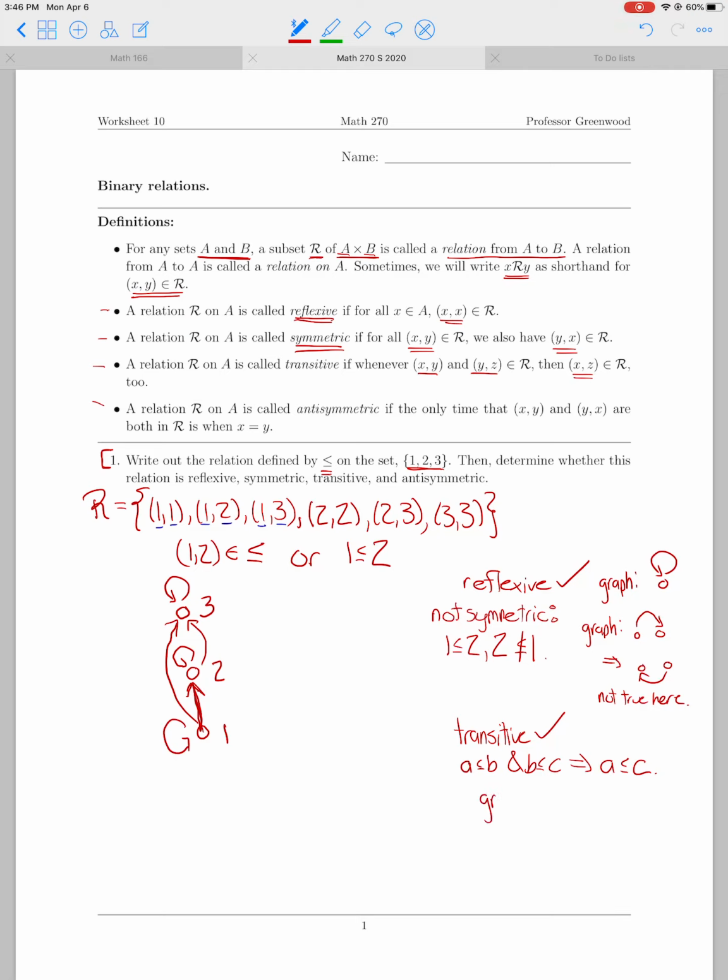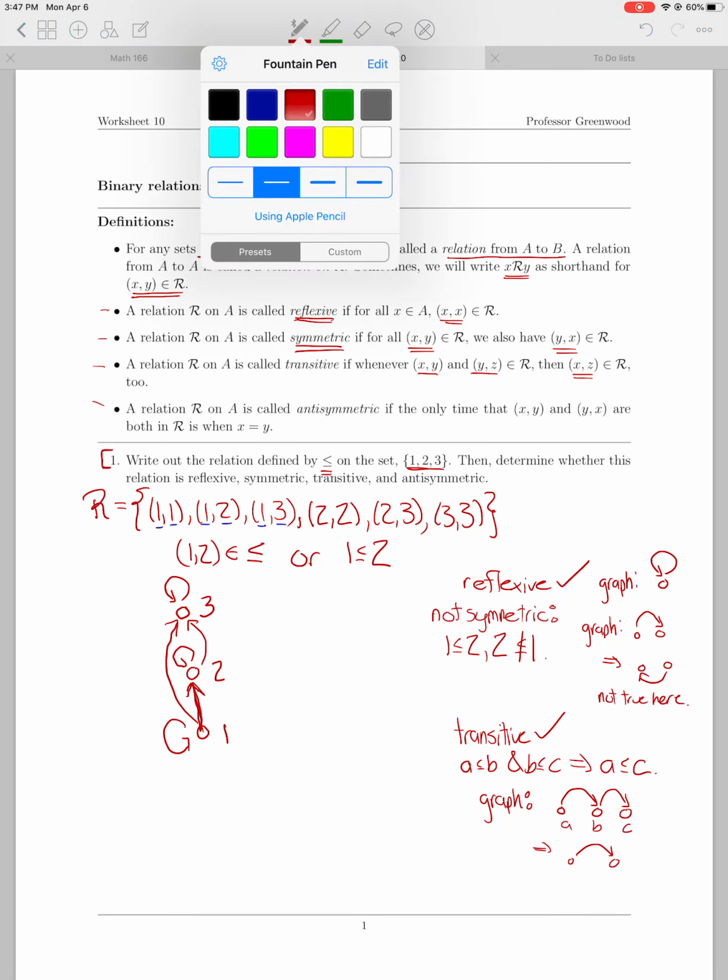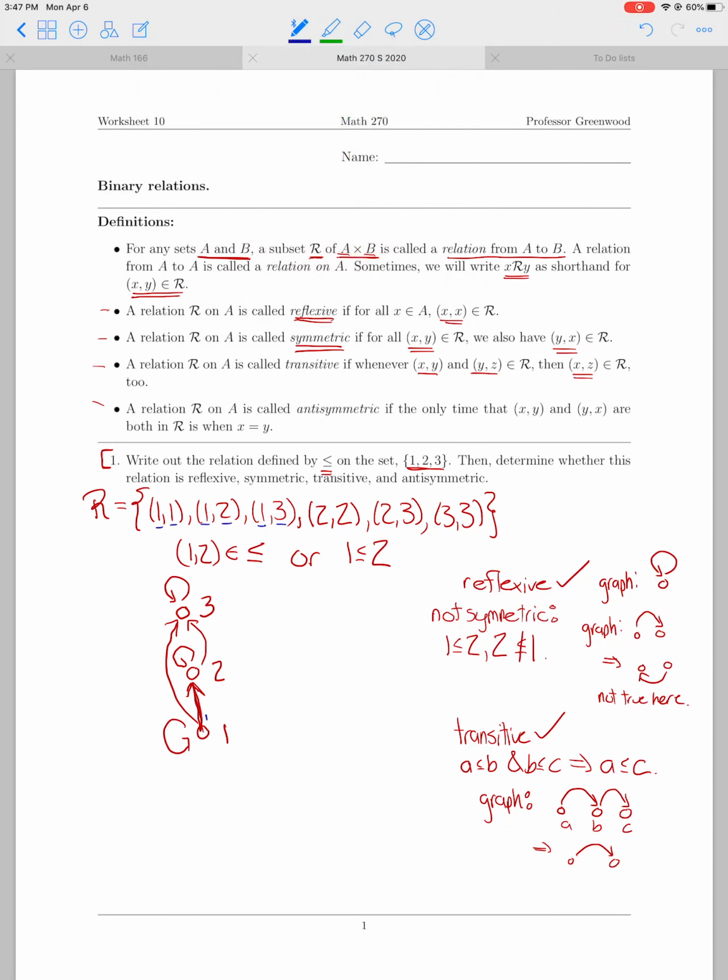Again, I want to be able to think about this graphically. And so if we were to have 3 nodes graphically, then this would mean that every time that we have a little jump between these nodes from A to B and then from B to C, that implies that the direct jump needs to be present in my graph. And so I can check that here in this graph, I do have the jump from 1 to 2 and also the jump from 2 to 3.